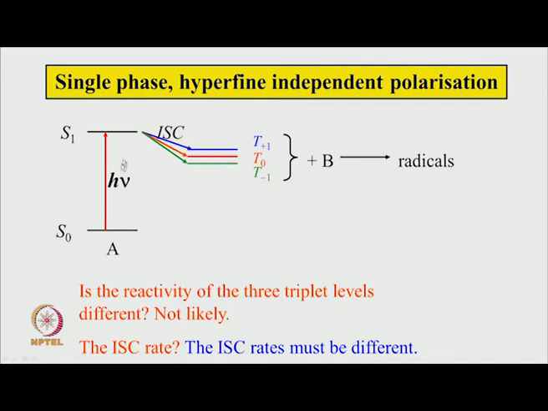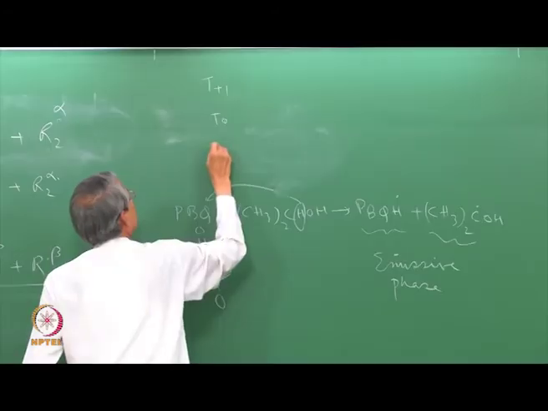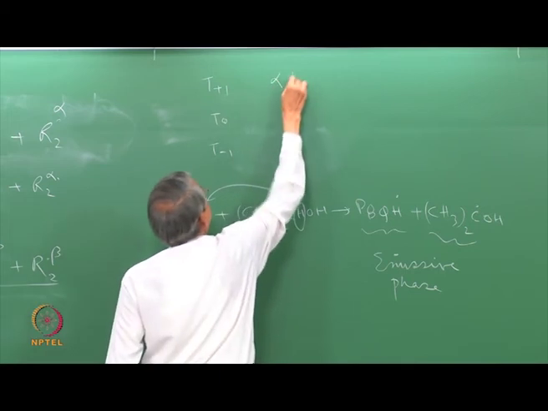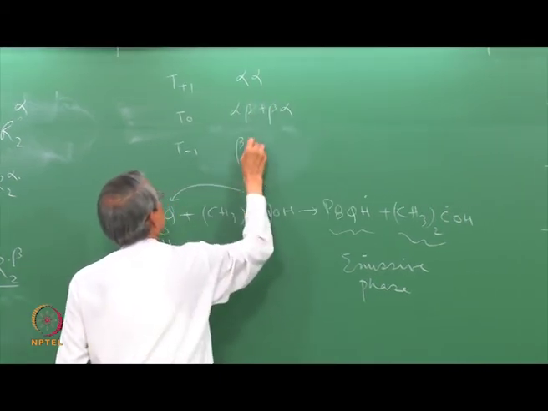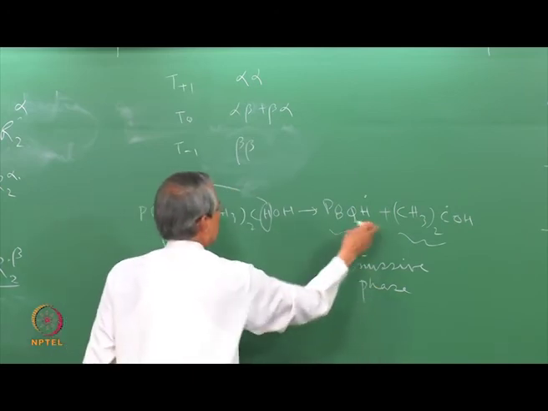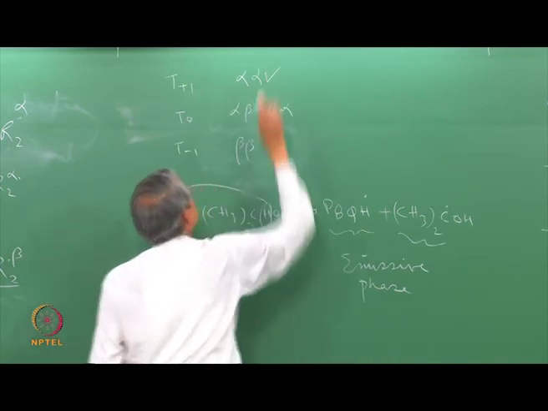What the intersystem crossing process does is bring this singlet excited state to these 3 triplet sublevels, but the experiment shows that only one of them is reacting, the T plus 1 state is reacting. Here the spin states are alpha alpha, alpha beta plus beta alpha, and beta beta. Given the way the polarization of these 2 radicals is, this is the one which reacts.